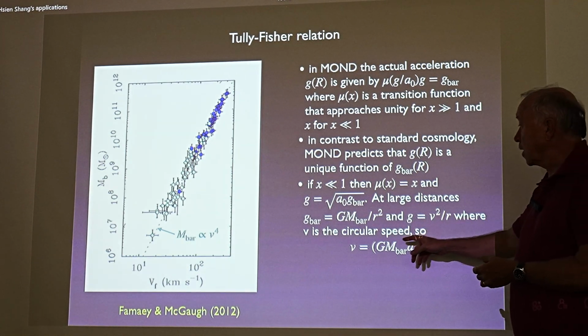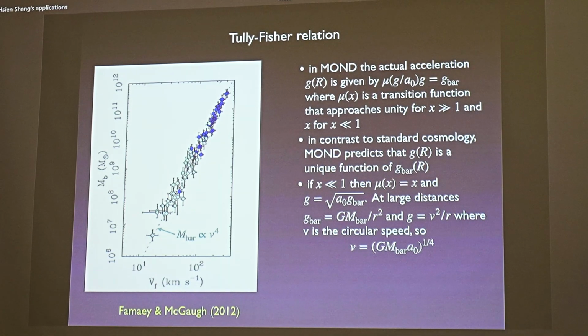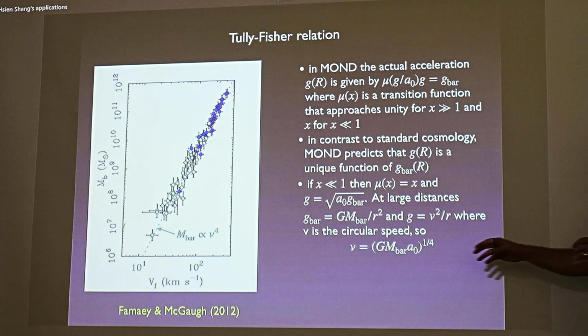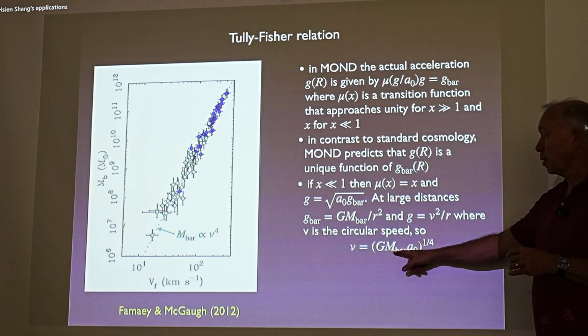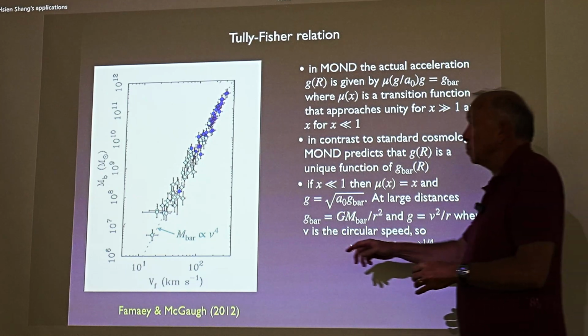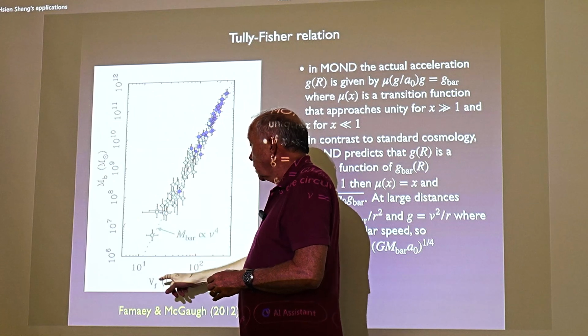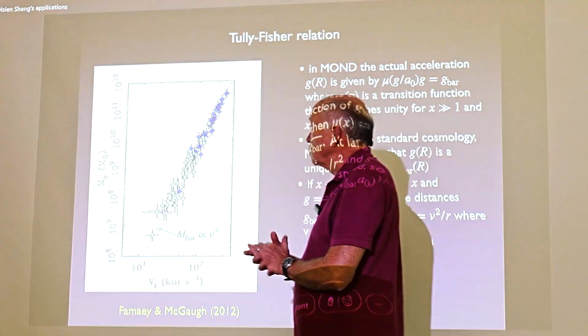The consequence of that is that the expected asymptotic circular speed in a disk galaxy should go like the 1/4 power of the mass in baryons. And this is a plot of mass in baryons against asymptotic acceleration.